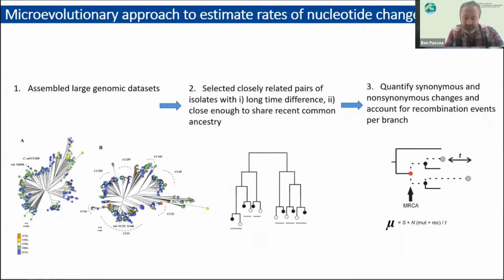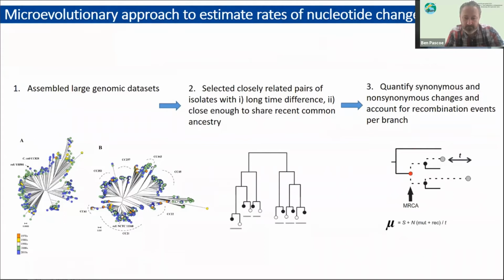They had to have a long enough time difference between them, but they also had to be close enough to share recent common ancestry. It was a very simple approach to estimating mutation rates from these pairs. We quantified synonymous and non-synonymous nucleotide changes, and this included changes from within recombination and from outside recombination events.